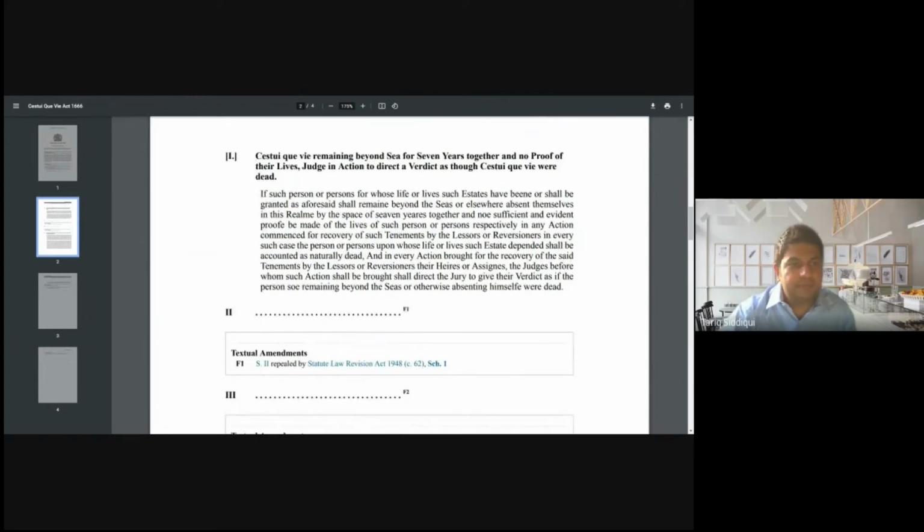Sister QB remaining beyond sea for 7 years together and no proof of their lives, judge in action to direct a verdict as though Sister QB were dead, which is why we have the live life claim, however you want to pronounce that, which tells these authorities, especially the port authorities, the Navy and the pirates, the buccaneers, whoever they are, the profiteers, that you're alive.